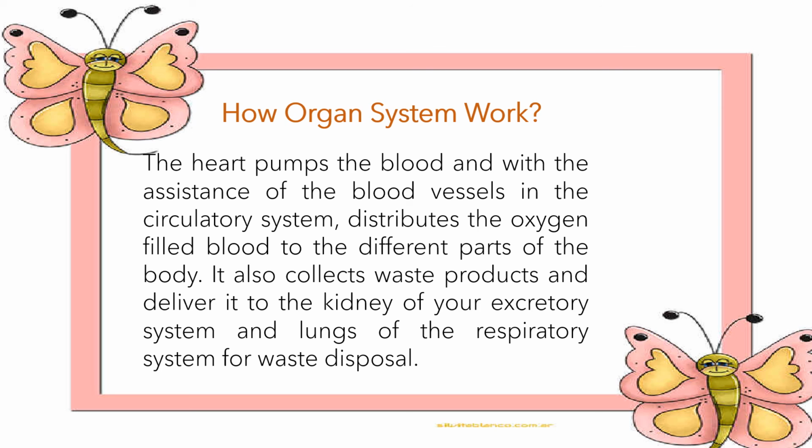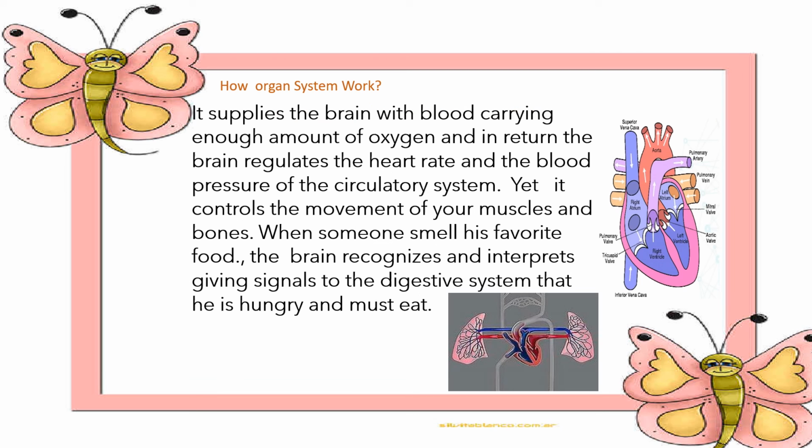And the lungs are also responsible for waste disposal. That is why for humans, we exhale the carbon dioxide. For the plants, they dispose the oxygen. Okay. So this is really how organ systems work.